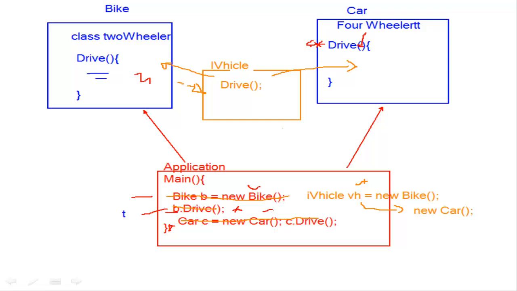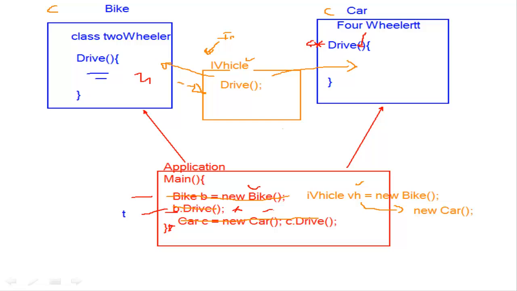Is this valid or not? I am creating a variable of type interface. This is an interface. This is a class. This is a class. This is a class. This is an interface. So this space you see here is an interface.